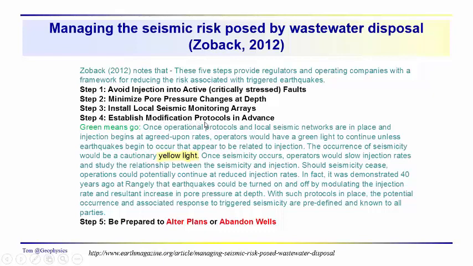And have some protocols usually referred to as green light, yellow light, red light protocols. If everything is going fine, and there aren't any significant higher magnitude earthquakes occurring, usually above zero, then you're operating in the green. If you begin to see some seismicity with magnitudes above zero, you might want to reduce your injection pressures.